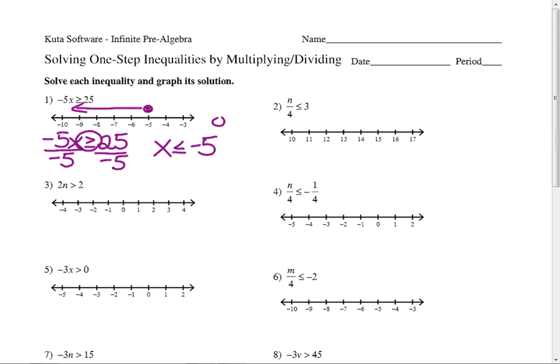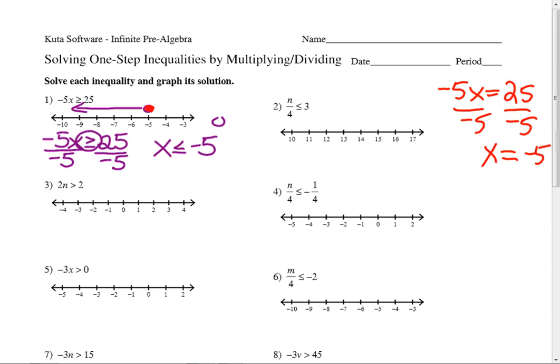Or you can do this, what I call the easy way, just the way I did it last week. Pretend it's equals. So I've got negative 5x equals 25, right? And we divide by negative 5. I don't have to remember anything. So where's my boundary? Negative 5, which is right here.